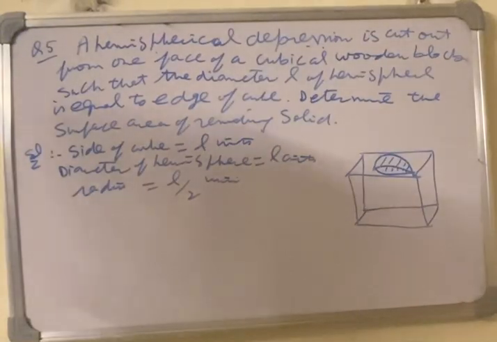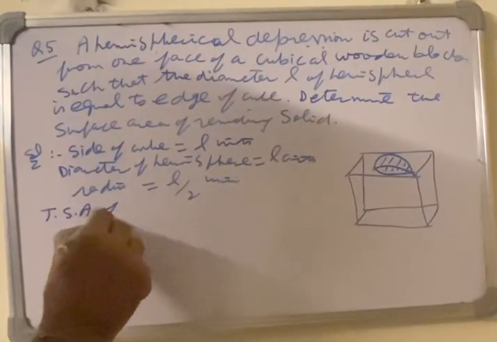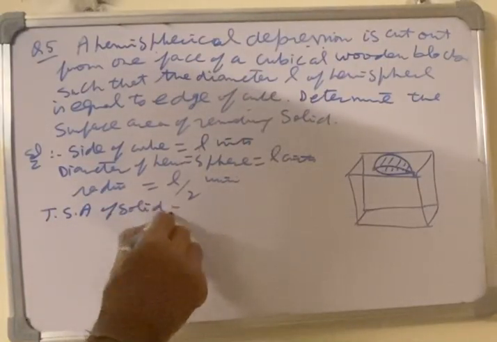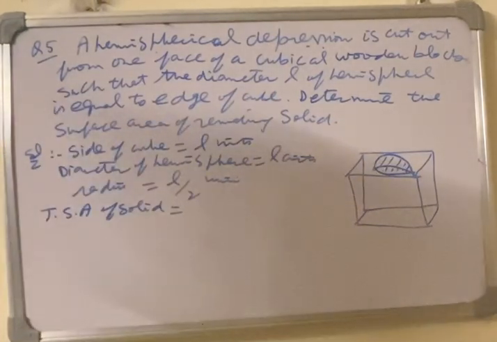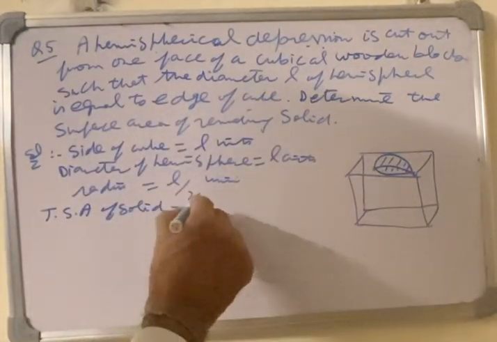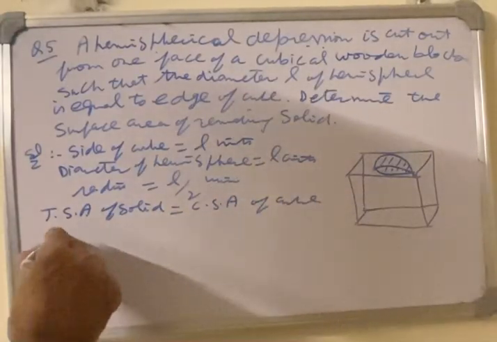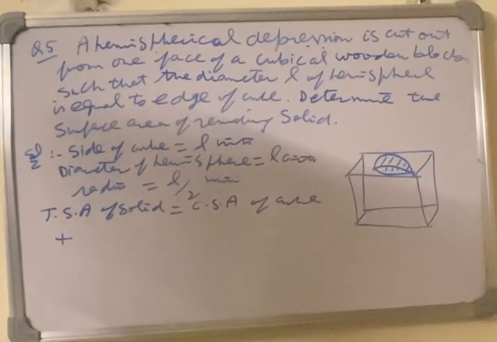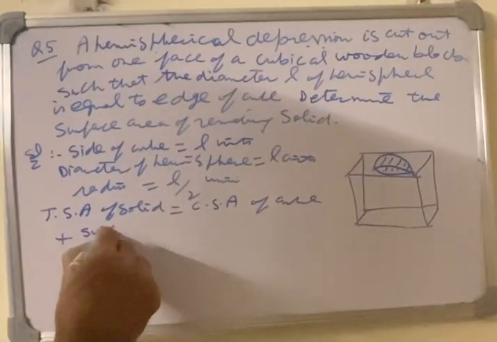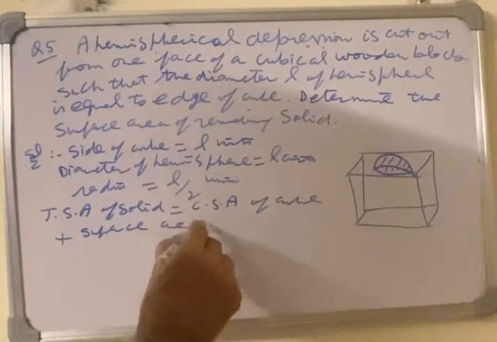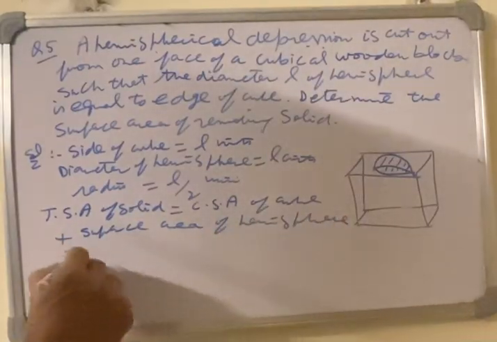Therefore, total surface area of solid is first surface area of cube plus curved surface area of hemisphere minus area of base.